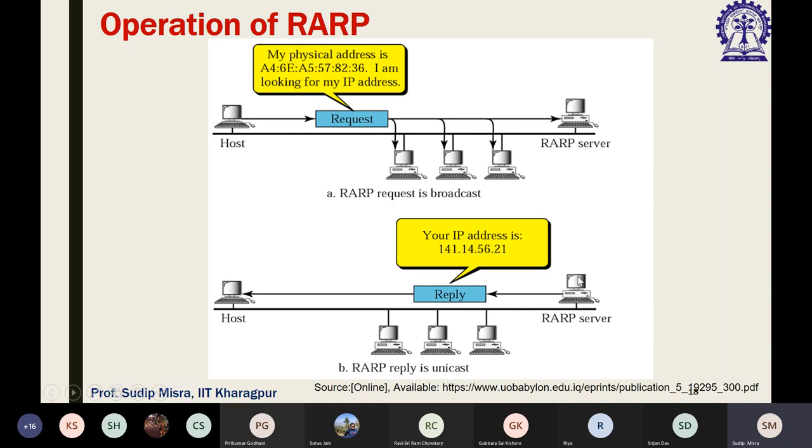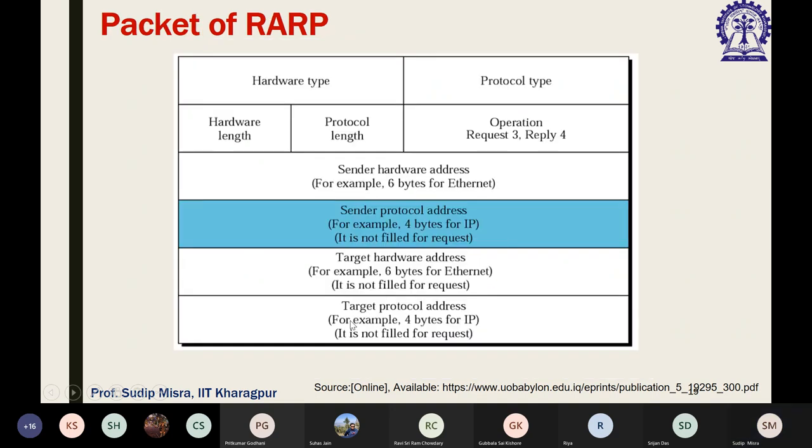There will be a RARP server which is going to send the reply back, and this RARP server is going to unicast it to the host, exactly like we did in the case of ARP. The only thing is that over here you have this RARP server, which is going to unicast the IP address to the host.